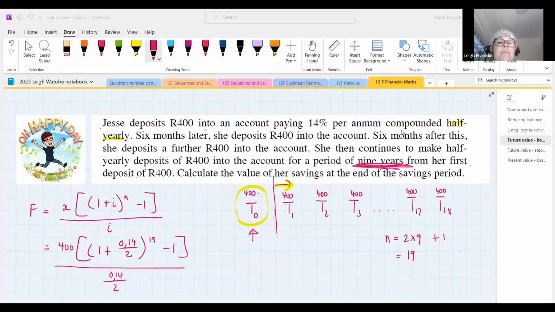She's depositing the money every 6 months, half yearly. So 2 times a year for 9 years. Does that make sense? Hope so.